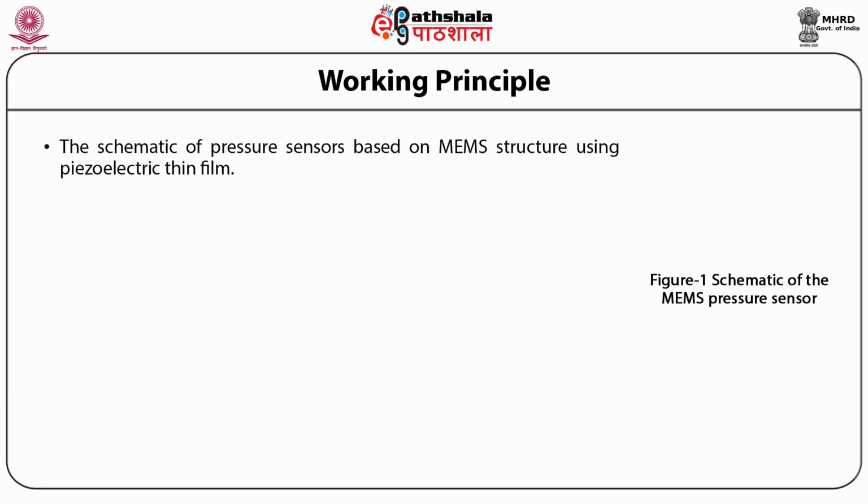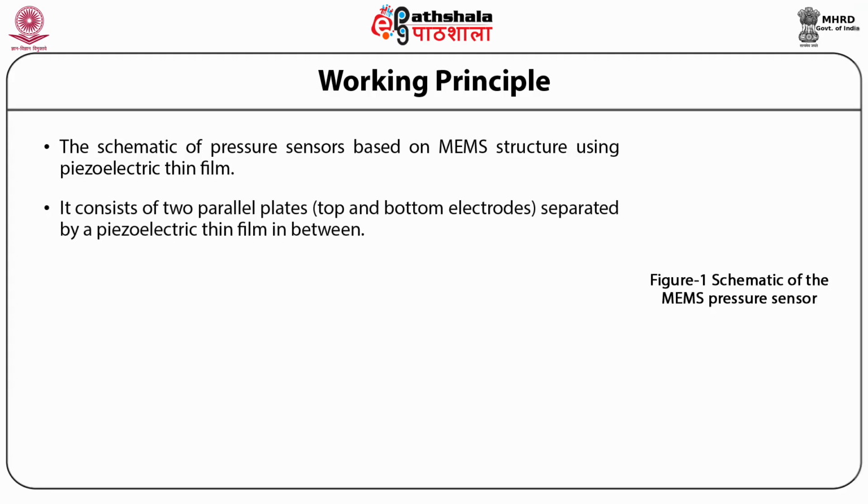Now let us discuss the working principle of pressure sensors. The schematic of a pressure sensor based on a MEMS structure using piezoelectric thin film is shown in the figure on the left hand side of the slide. It consists of two parallel plates, that is top and bottom electrodes, separated by a piezoelectric thin film in between.